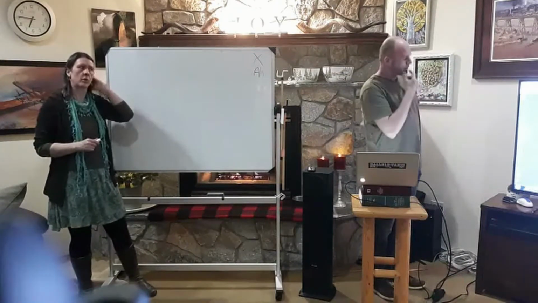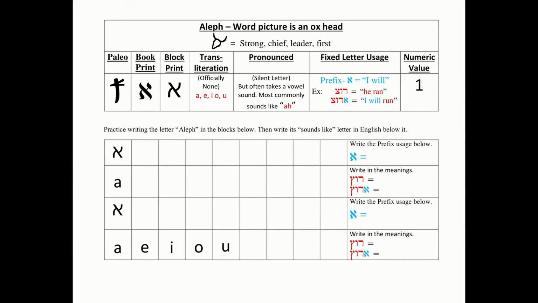This is page 12, because that doesn't show in the video. Page 12, and you have your sounds like here, and then there's some practice. If you're doing this book, and everybody in the class should be doing the book, you write your Aleph, and then write the sounds like in English right under it.